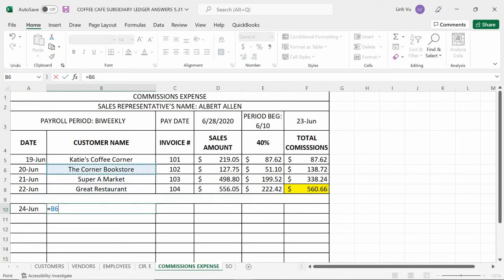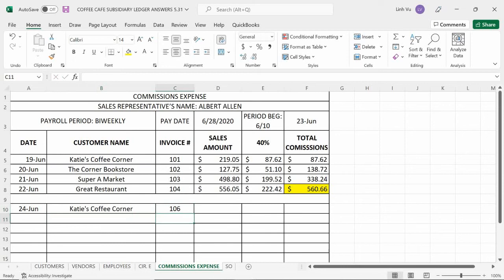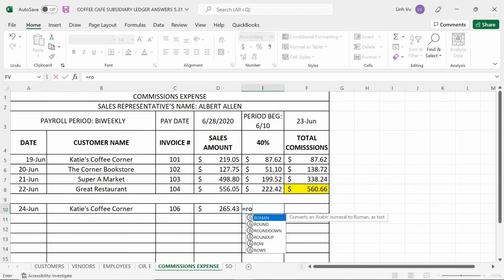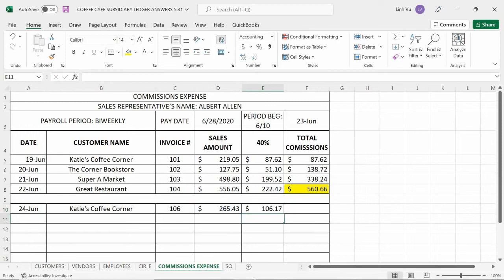He delivered to Katie's Coffee Corner, 106. It'd be around $80 to $90. Oh, there we go. Okay. And that would be our total amount right now, too.